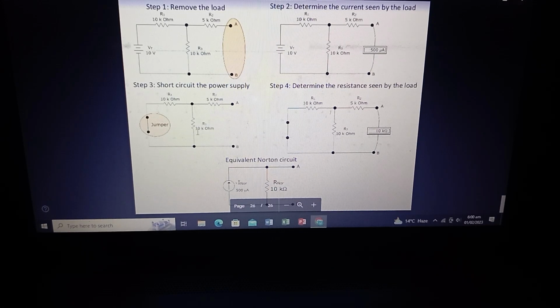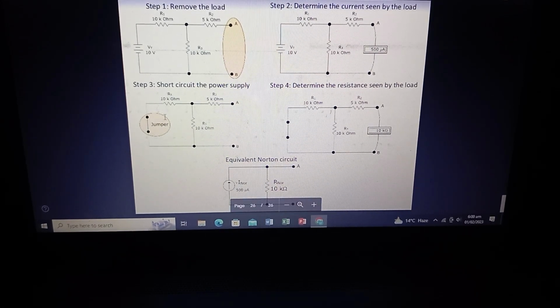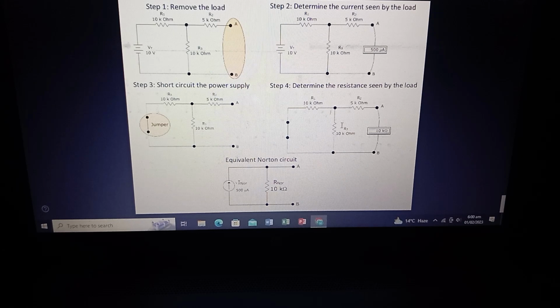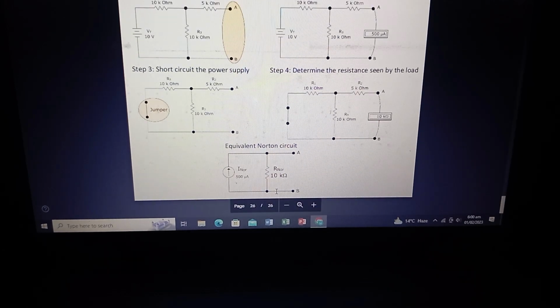Here we replace the power supply with a jumper, and in the fourth step we find R Thevenin, and at last we have the equivalent Norton circuit: I Norton with a resistor in parallel having a value of 10 kilo ohm.